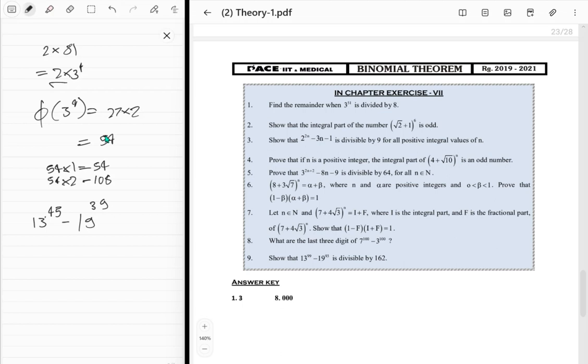So 13 cube might be something that you would try. Or you can just write it like 12 plus 1 to the power of 45, then minus 18 plus 1 to the power of 39. I know this is kind of hard to expand directly.